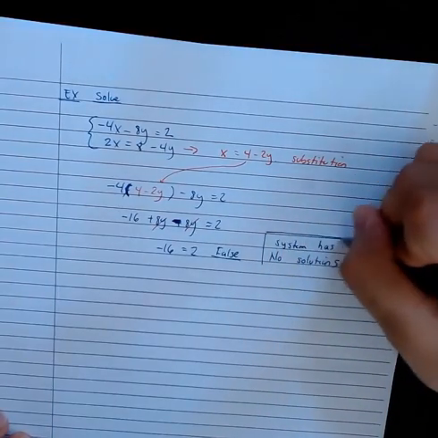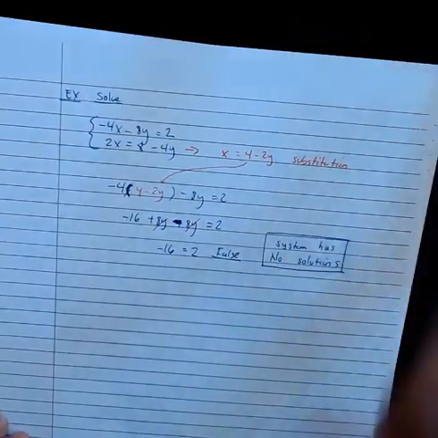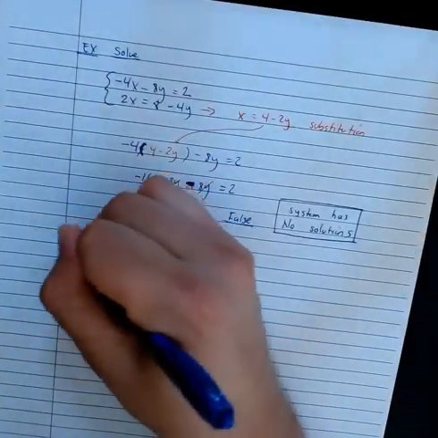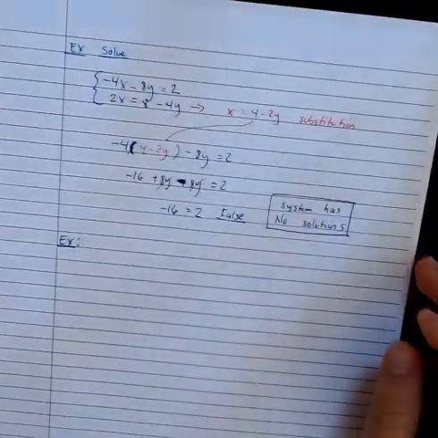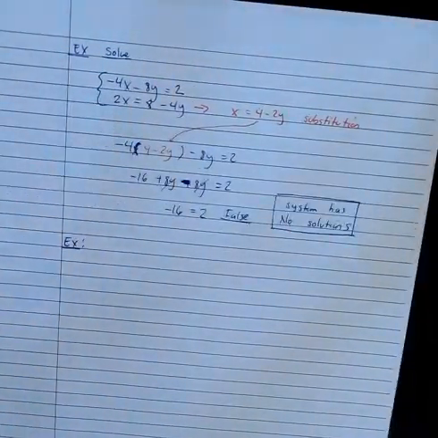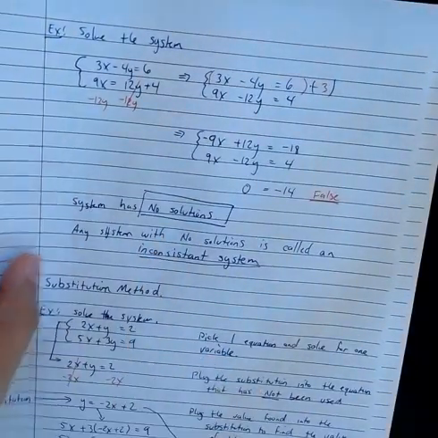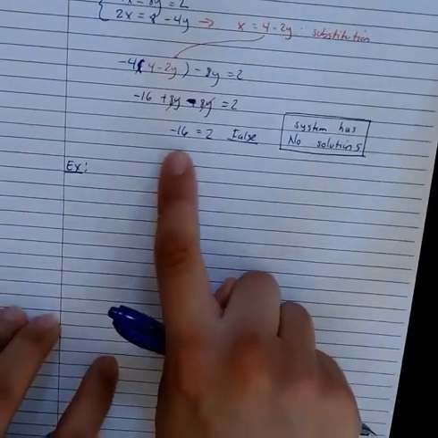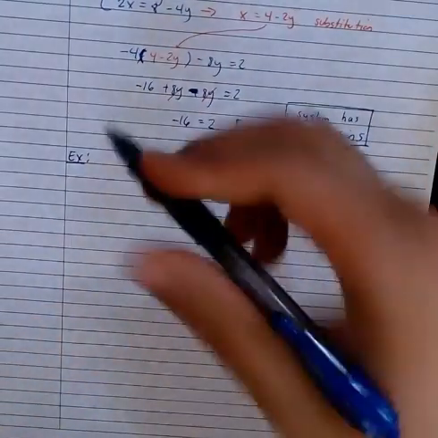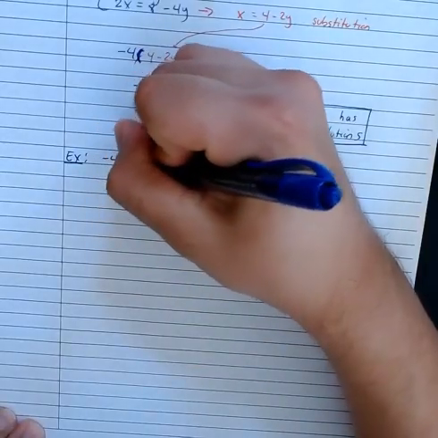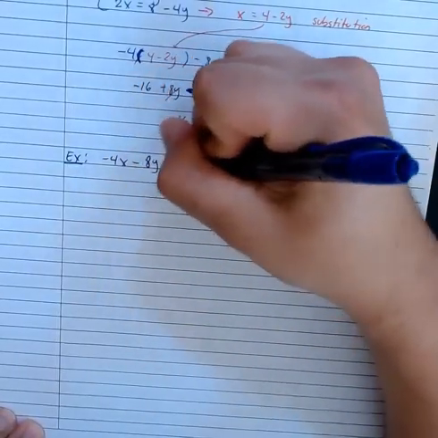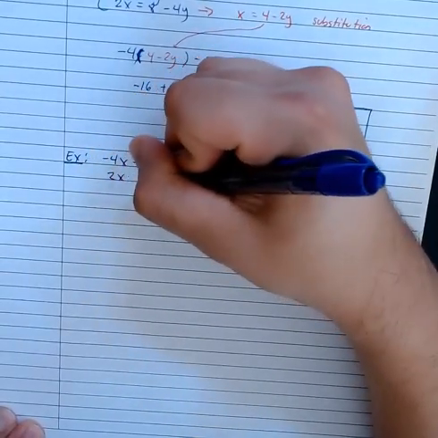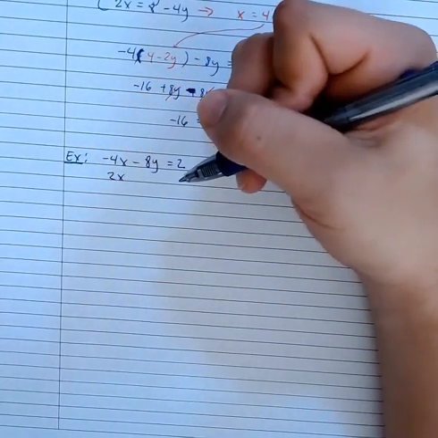The same thing is true if you have the last case, where you have an infinite number of solutions. It won't matter if we use the substitution method or if we use the elimination method. You'll still get the same kind of result at the end. So let's consider negative 4x minus 8y equals 2, and 2x equals, oh wait, that's the one I just did.